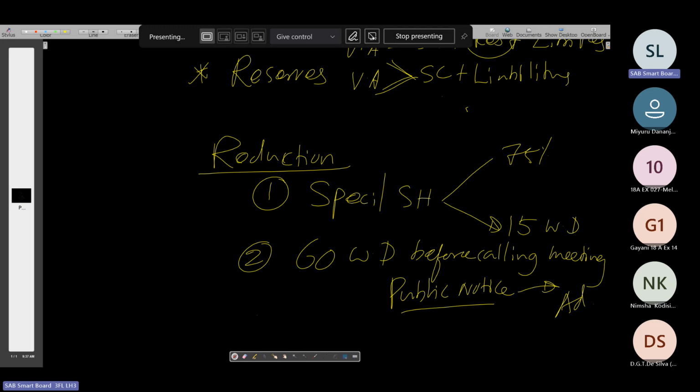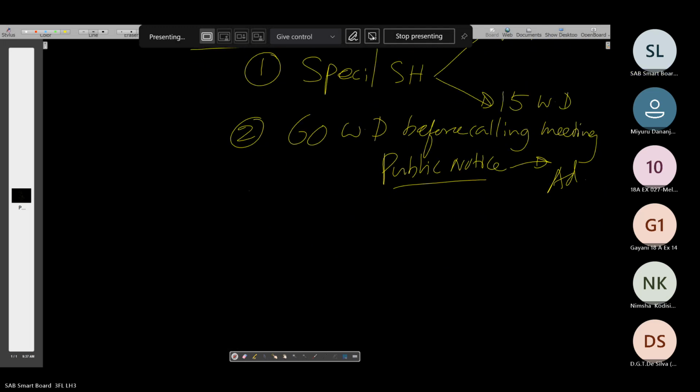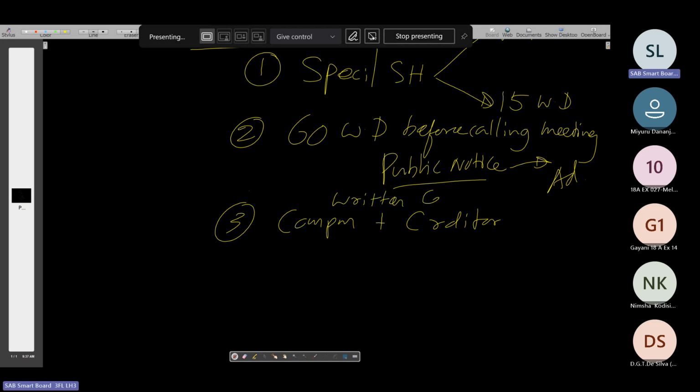Then there is another requirement mentioned in the Companies Act. This is the third one: sometimes the company may engage in a written contract with a creditor.